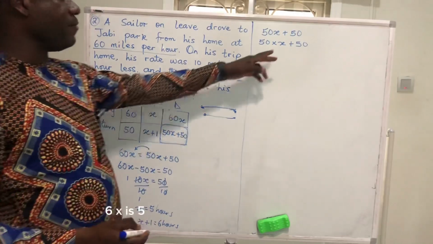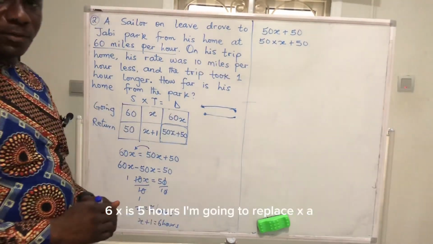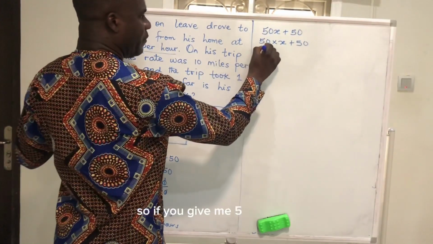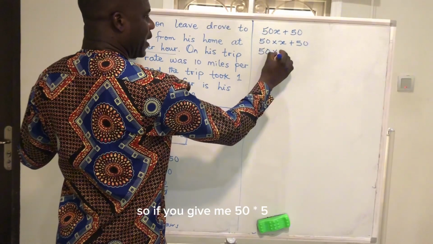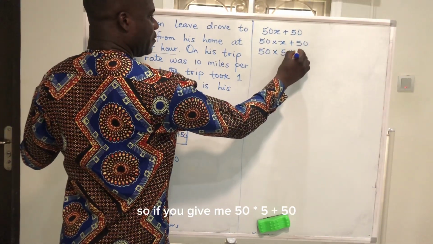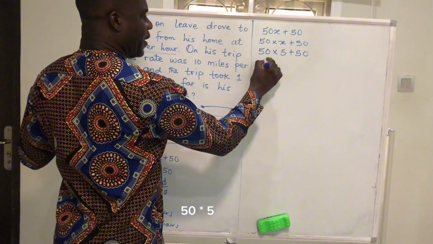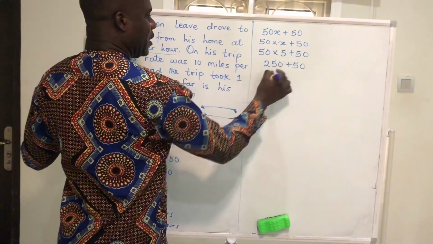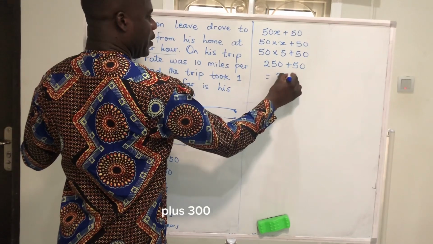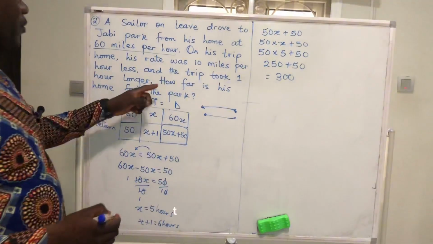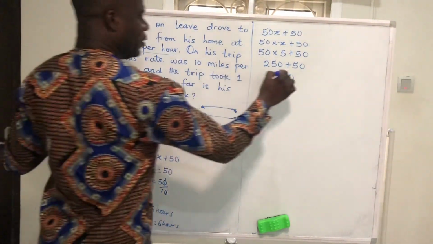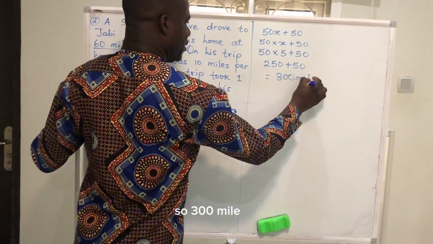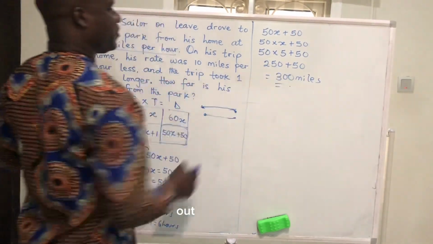Since x is 5 hours, I'm going to replace x with 5. So it will give me 50 times 5 plus 50. 50 times 5 is 250. Now plus 50, that's 300. 300, the unit is miles. So 300 miles is our answer.